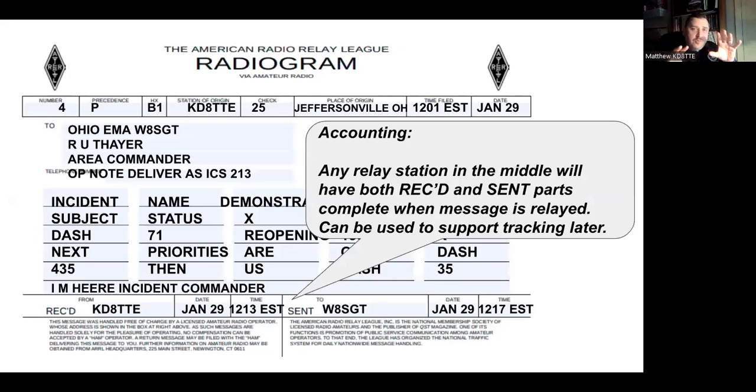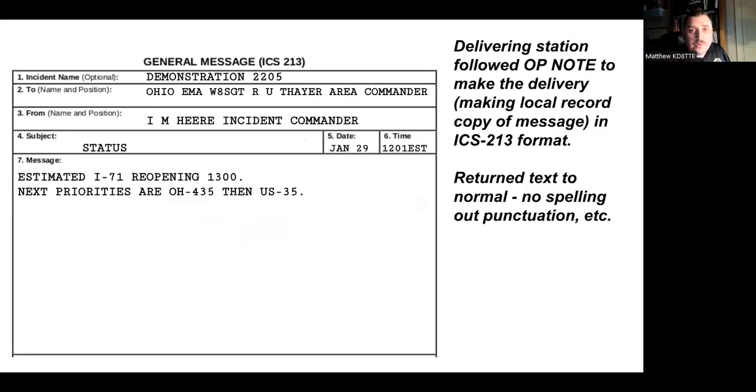So where in the process of origination, we encapsulated the message, we put it inside of this transmission format, the radiogram. For the purpose of delivery, we are now decapsulating. We are taking it out of the radio message format and putting it into the specified format, the ICS 213.